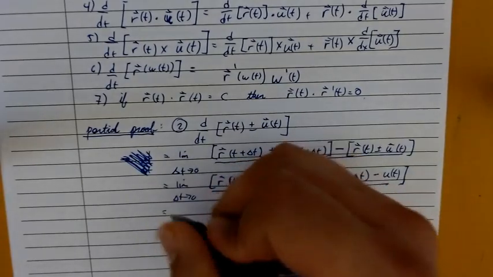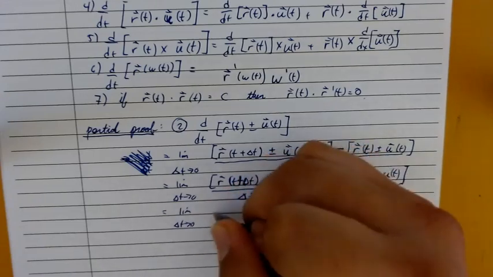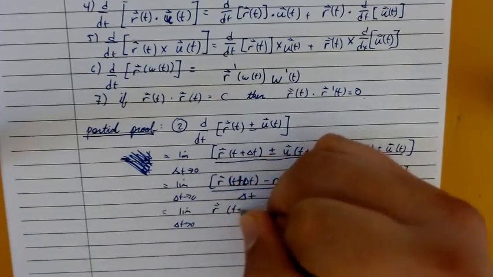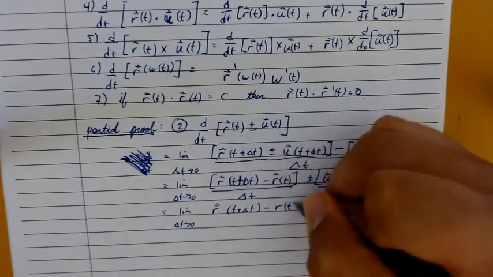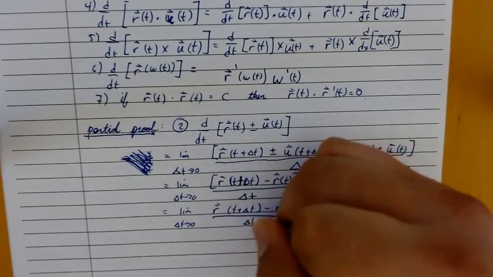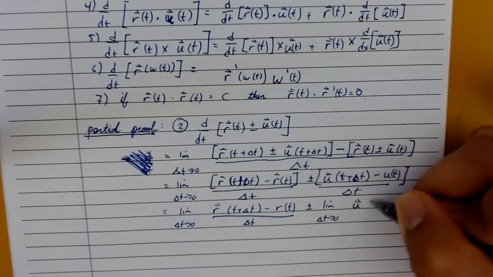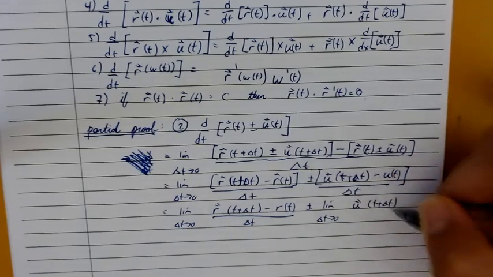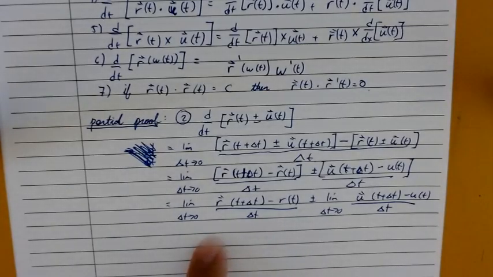Because this is defined using a limit, and the limit can be split, that means the thing we're defining can be split. So this will be the limit as delta t approaches 0 of r of t plus delta t minus r of t over delta t, plus or minus the limit as delta t approaches 0 of u of t plus delta t minus u of t over delta t.